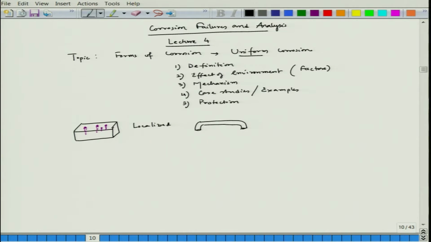If you leave this rod in the environment, you will see that this portion would have higher degree of rust, and remember, I am talking about let us say 0.1 weight percent carbon steel. Now, both the cases it is localized. See, here it is localized here.